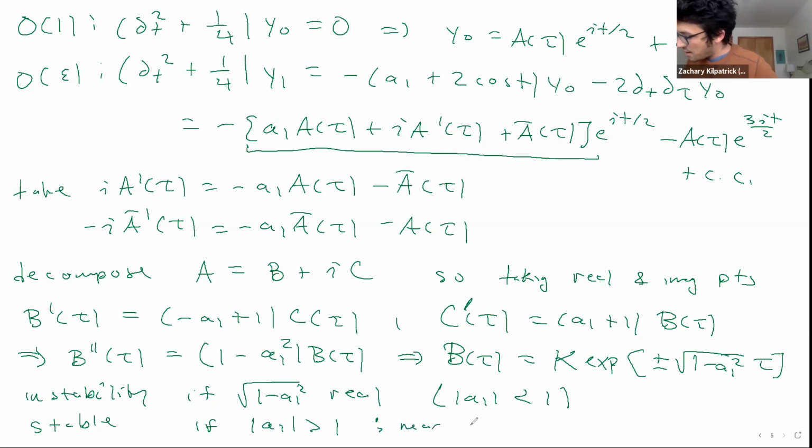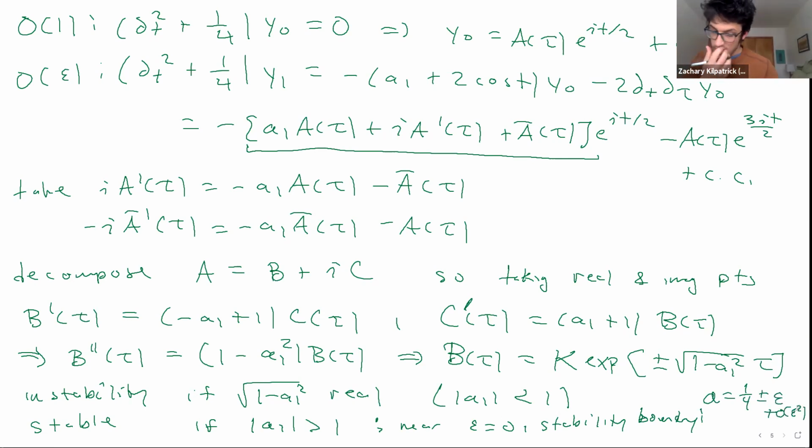That means that near epsilon equals 0, the stability boundary is going to be a equals 1/4 plus or minus epsilon plus some order epsilon squared terms, and I'll rewrite this on the next page and sort of draw it out.